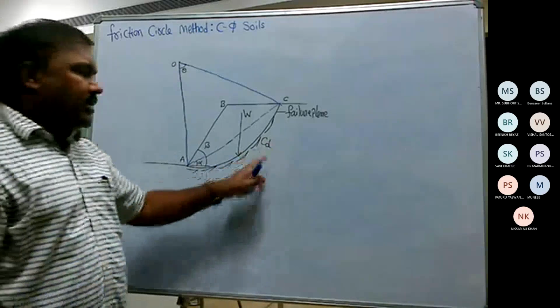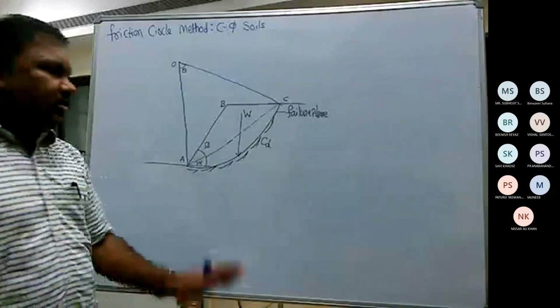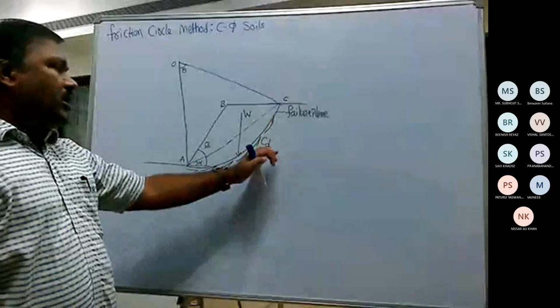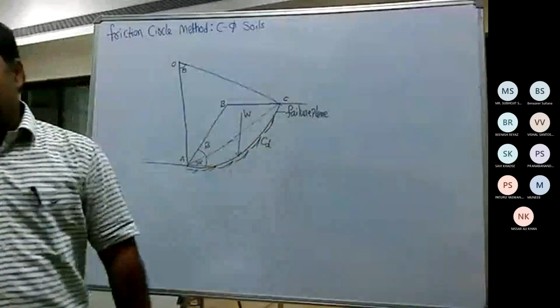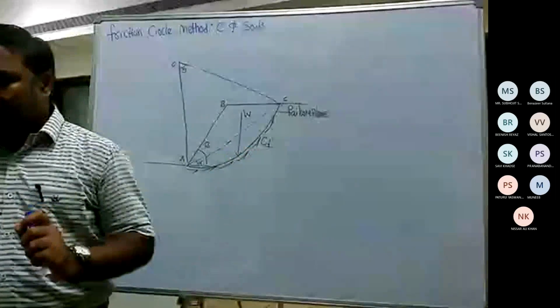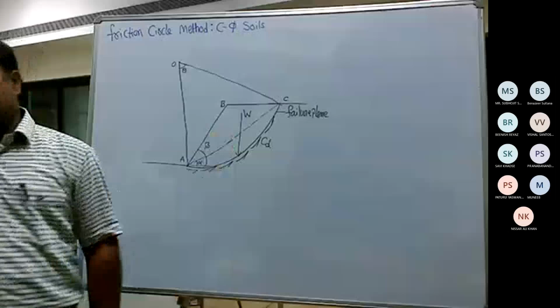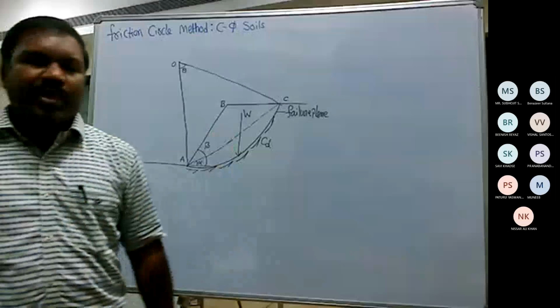That is normally represented as cohesion per unit length. If you want to determine the total cohesion, multiply C_D with the arc length, and you will get the total cohesion. C_D is the cohesion developed per unit length of the slip surface.